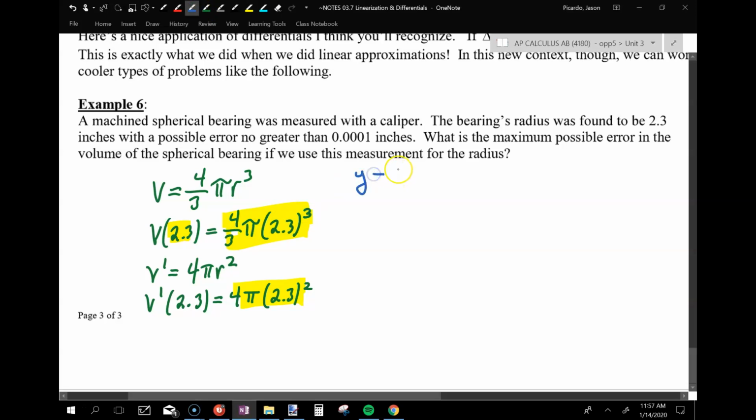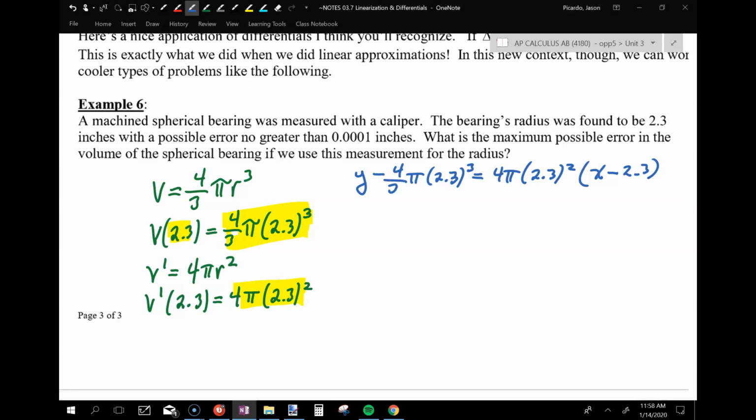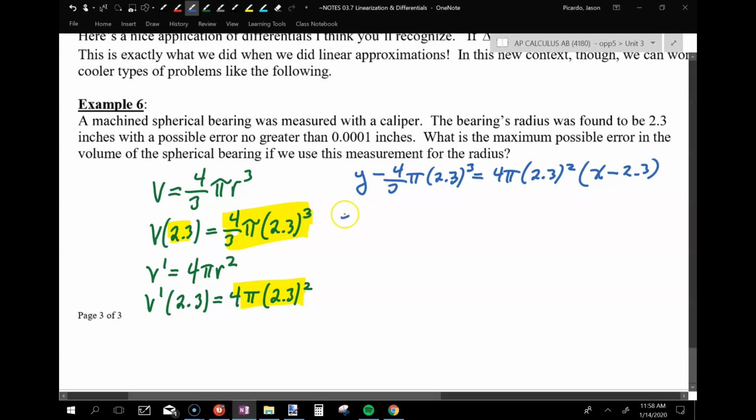It's going to be y minus this equals the slope times that. Great. So that means that L of x equals this.